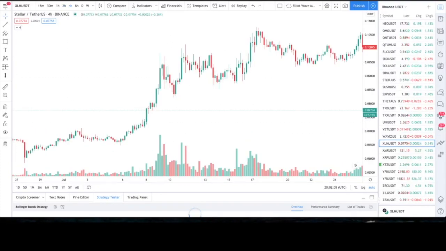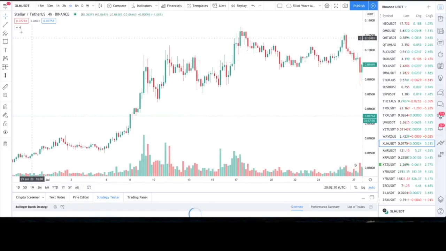I've got another one here on Stellar. The wave count on this one's not quite so easy, so have a look at this one.